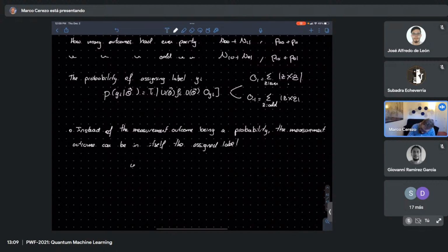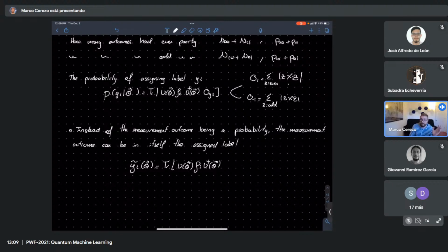Now let me define a quantity which is the assigned label y theta, which is going to be the trace of, I take my state, and now I need to obtain a number. I was missing a dagger here and here. That is between -1 and 1, right?